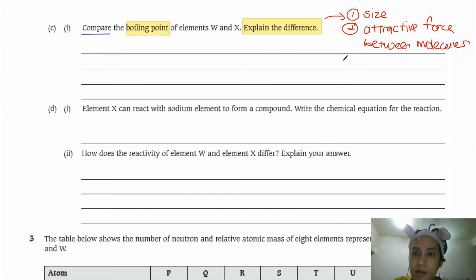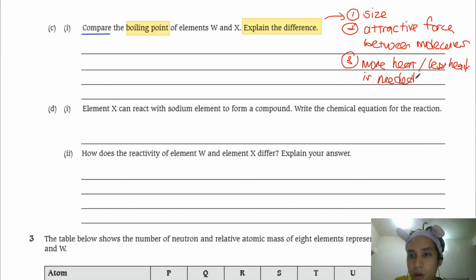And then after that, only you mention the final point: whether more heat or less heat is needed to overcome the forces of attraction.